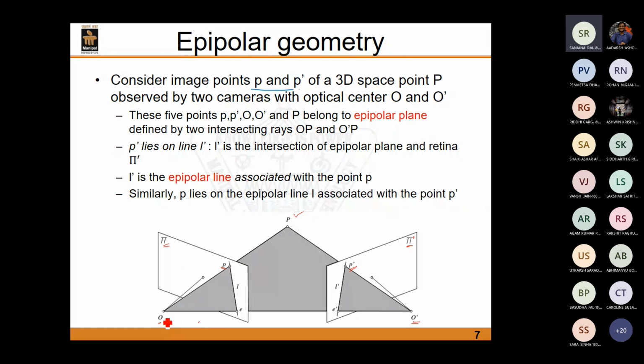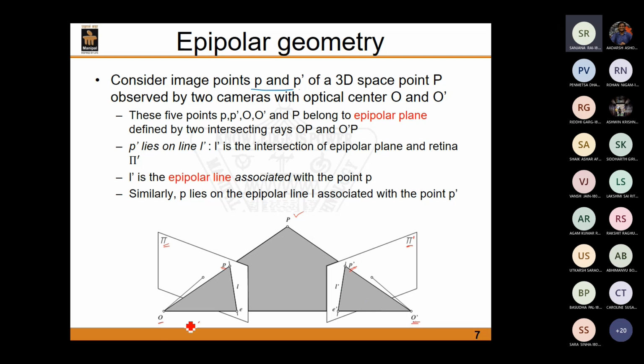So this is the image of the 3D point P. If I join the camera center with the image point p and project it, the capital P, that is the 3D point, will lie along that particular line. Similarly, we have also seen that O dash, P dash, and P will lie in a straight line. That is something that you need to remember.